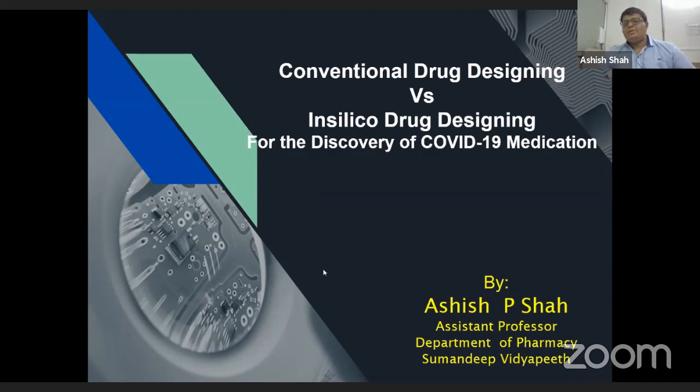The first portion of our presentation will focus on conventional drug designing, then we'll focus on in silico drug designing, followed by how these drug design techniques can be useful for COVID-19 medication.